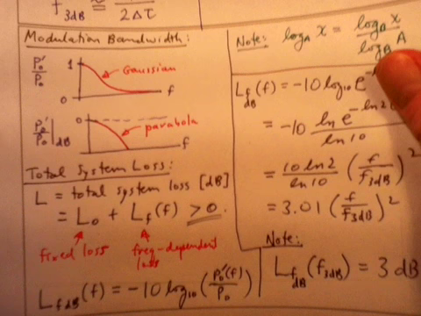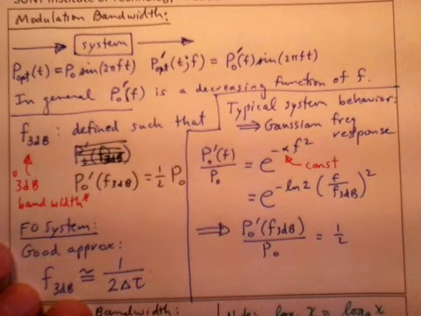let me use the slide I had made for this. Here we go. This 3 dB optical bandwidth was 1 over 2 delta tau.